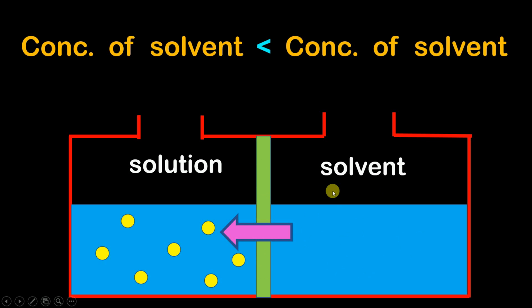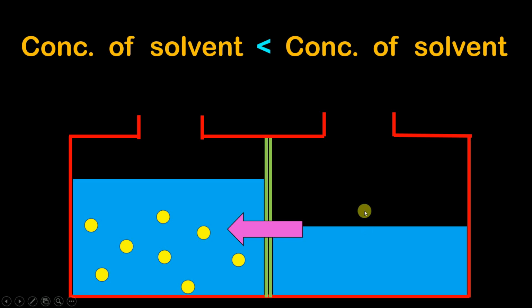Since the concentration of solvent is greater over here, the solvent molecules travel from the right hand side to the left hand side. As you can see, now the solvent molecules have decreased on the right hand side and increased on the left hand side, and this is called osmosis.